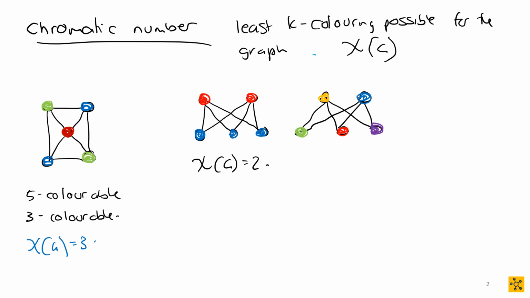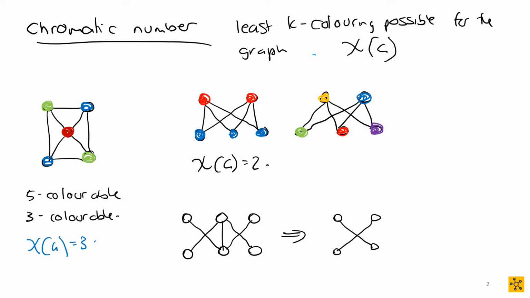Now, one of the aspects to just take note of is if you have a subgraph inside your graph. So say, for example, you have, let's just go with this. So we have that kind of a graph. And we have a subgraph in that graph of just this situation.